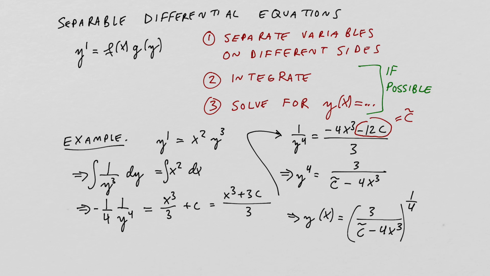Here is our result. For this result to be meaningful, the function inside here should be positive. In this example, the integration was easy, but finding the function y of x was a little bit difficult. We had to take some root.